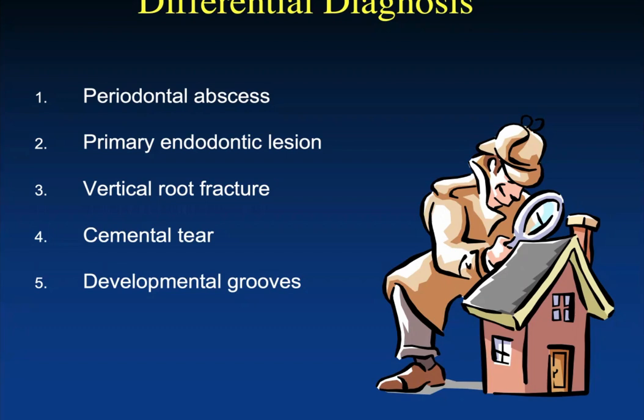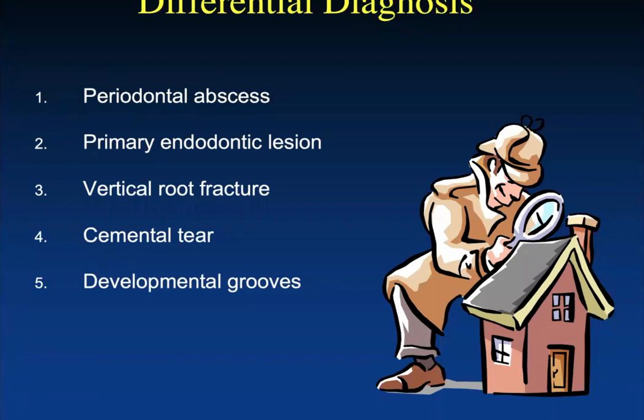Cemental tear is an interesting differential diagnosis. Part of the cementum is separated from the tooth and that creates a big periapical radiolucency, which mimics a periodontal abscess or a vertical root fracture. However, the teeth with a cemental tear could be vital.